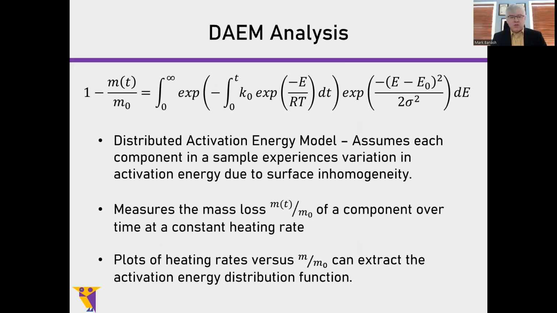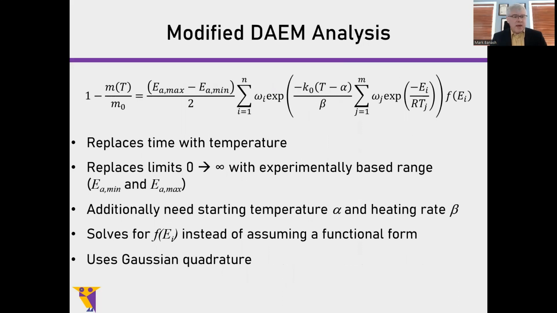And you would simply measure the mass loss at a constant heating rate and do a line fit. Well, we're going to rewrite that and replace the time variable with temperature. And the reason for that is that most TGAs are run using temperature as the variable. We're also going to replace the limits from 0 to infinity for the activation energy with an experimentally based range.